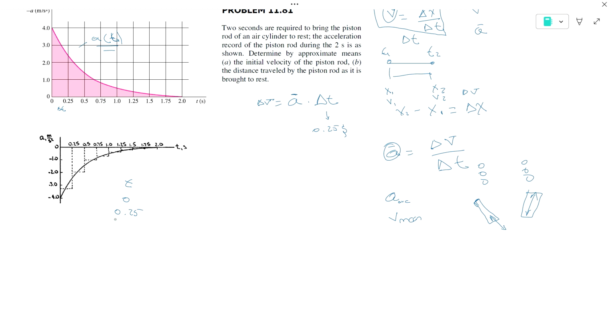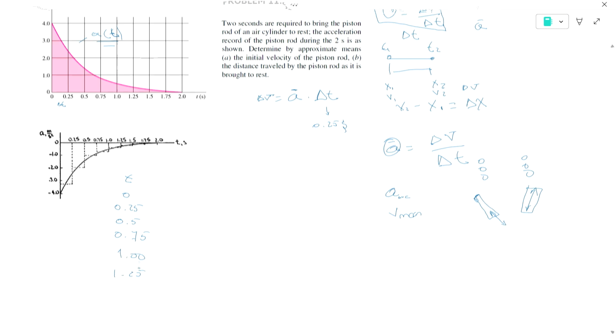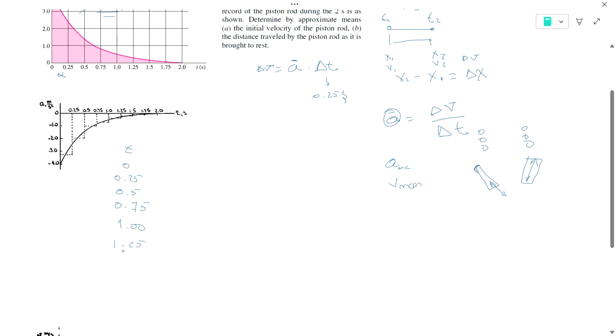Then we have 0.5, sorry, 500 milliseconds, 0.75, 1 second, 1.25 seconds, 1.5, 1.75, and 2 seconds. And this is in seconds. Okay.